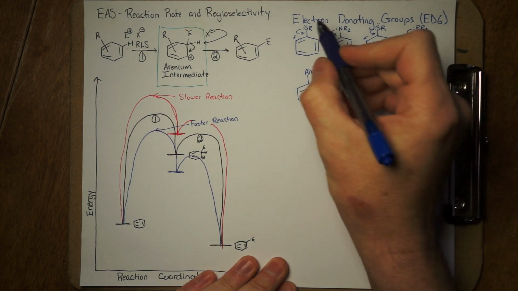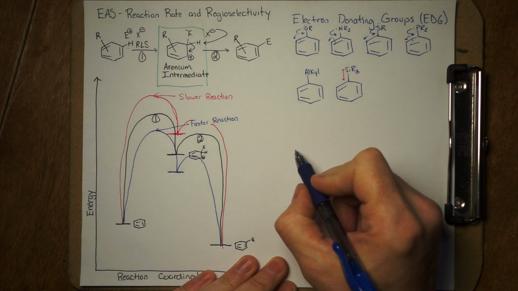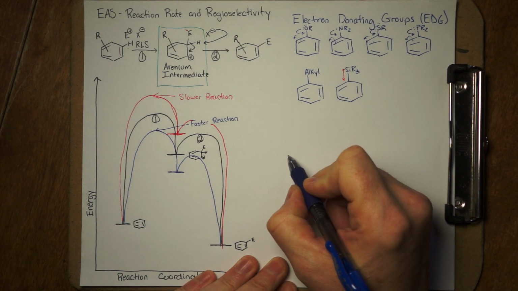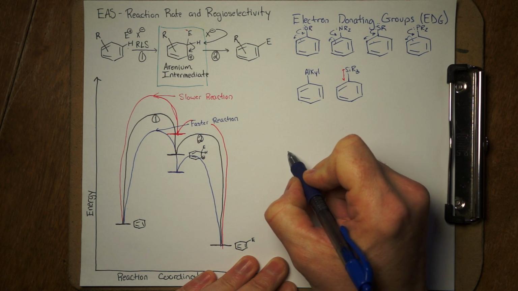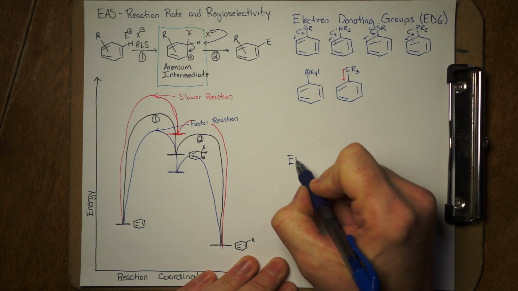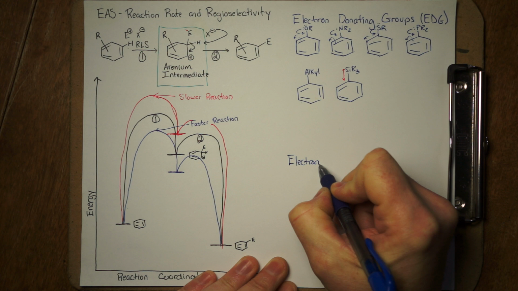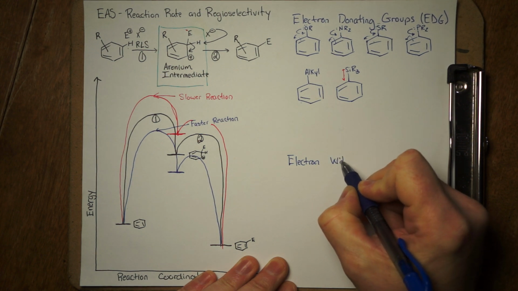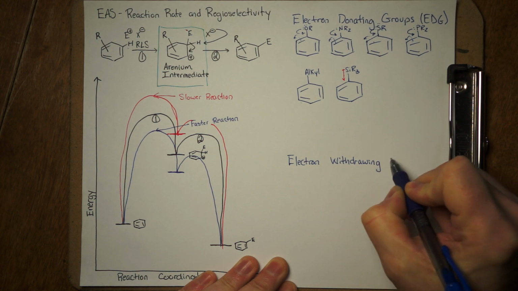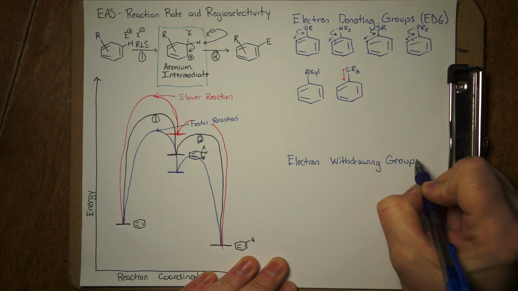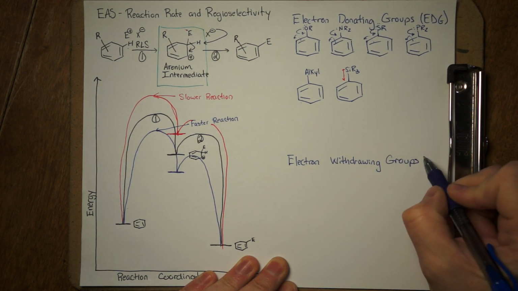All right, the other category of groups, rather than electron donating groups, we're going to look at electron withdrawing groups, or EWG.